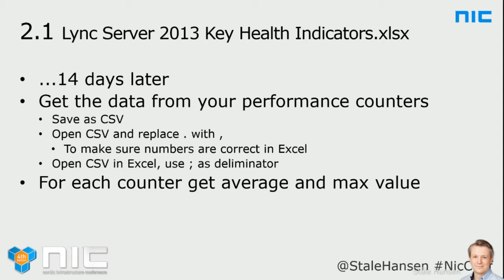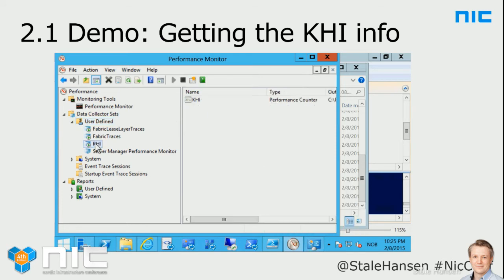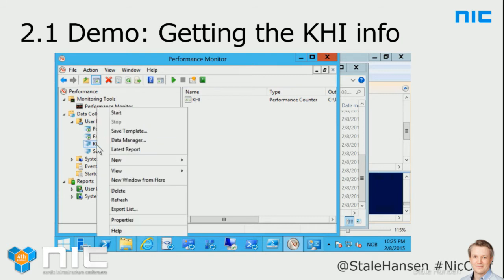And we need to manipulate that data a bit before we can import it to Excel in order to get average and max value, which we are interested in. So let's look at how we do that, because now you have seen how we can do it and you remember better. So we stop the key health indicators, the counters.